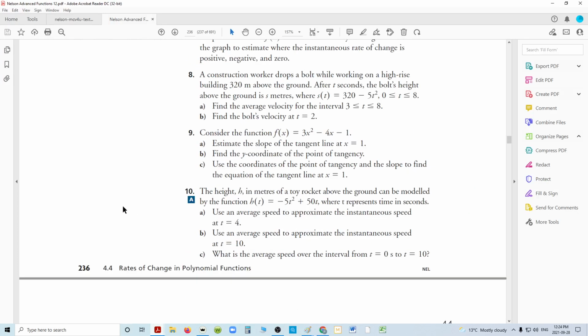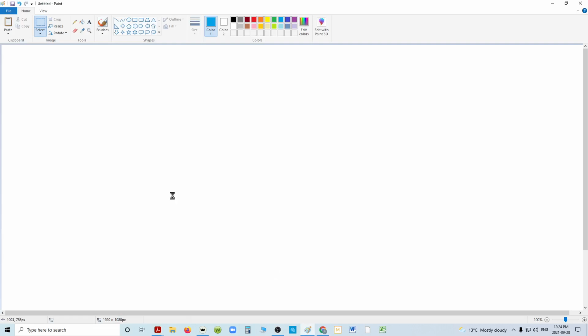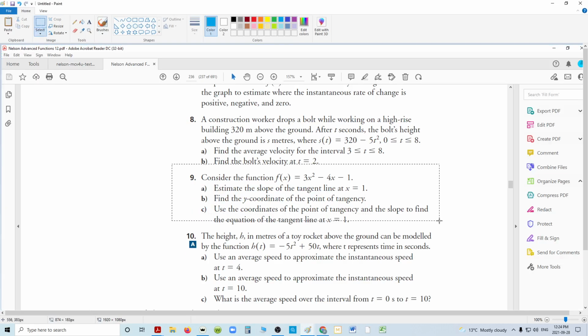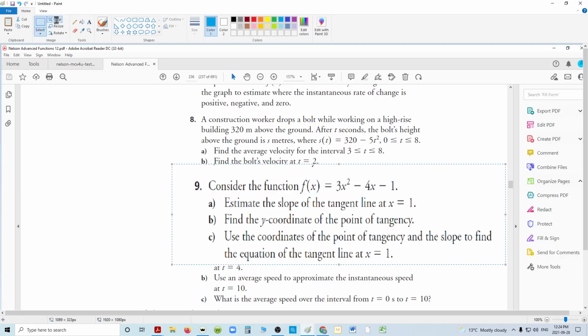Onwards. 9. Estimate the slope of the tangent line at x is equal to 1. Find the y-coordinate of the point of tangency. Okay, well, this helps to just understand the graph as well. Always just try to say, okay, I know this graph. It's an upward-facing parabola.